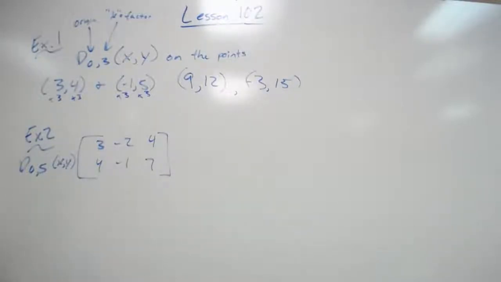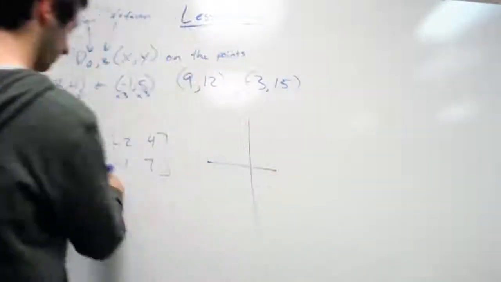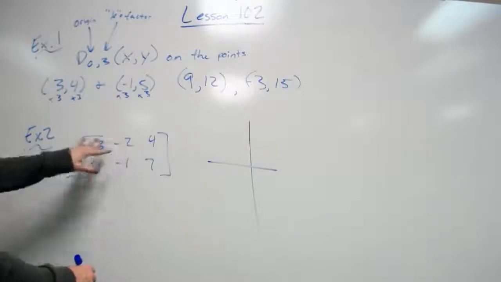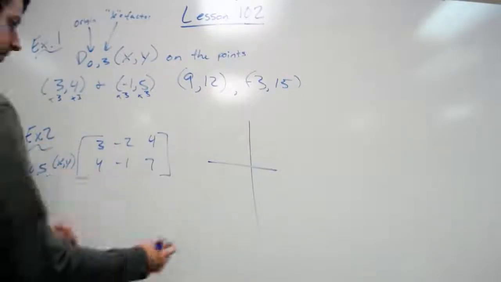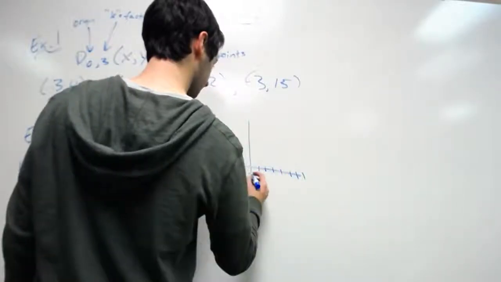Now this isn't a shape, but it's showing you the concept of dilation. Now say we have a shape. We have its 3 coordinates. If you remember a matrix, there's the X row on top, Y on the bottom. And I'm going to draw this real quick.